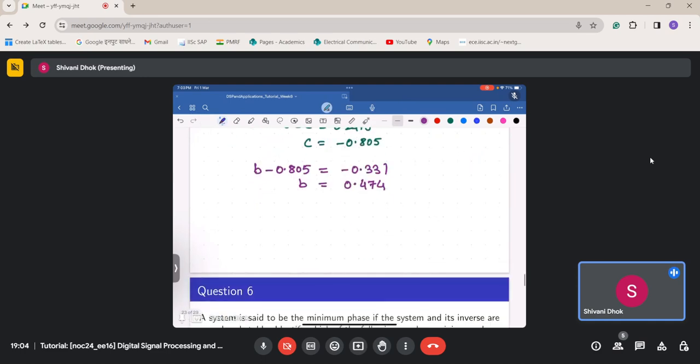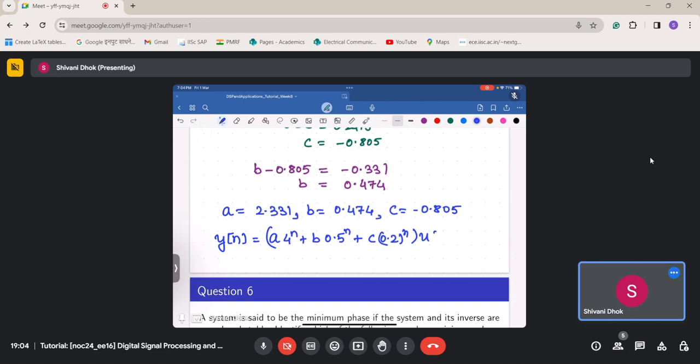Now what we have is A is equal to 2.331, B is equal to 0.474, and C is equal to minus 0.805. We wanted to find out the value of y of n, and my y of n was equal to a into 4 to the power n plus b into 0.5 to the power n plus c into 0.2 to the power n.